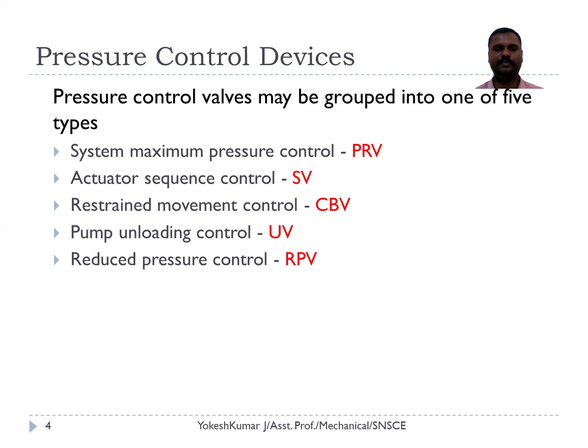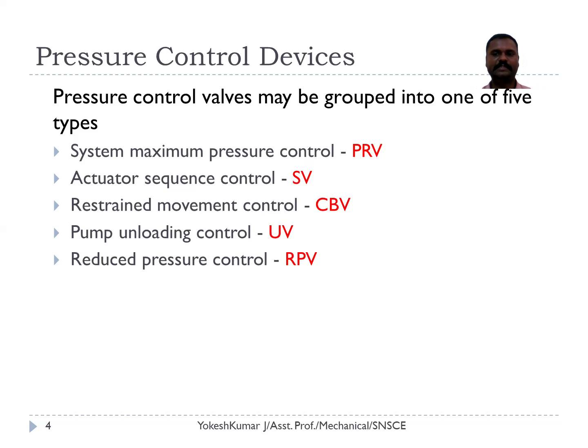If we sequence the motion of an actuator used for multiple cylinder applications, then we have to use the sequence valve, abbreviated SB. To control restrained movement, especially in a vertical cylinder, to prevent downward motion against the gravity force, we have to use the counterbalance valve, CBV.